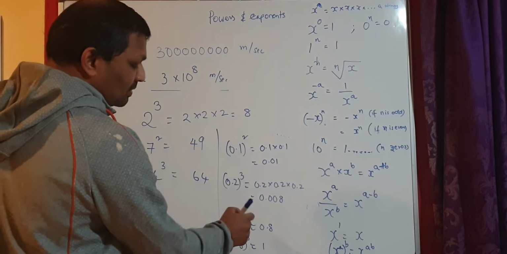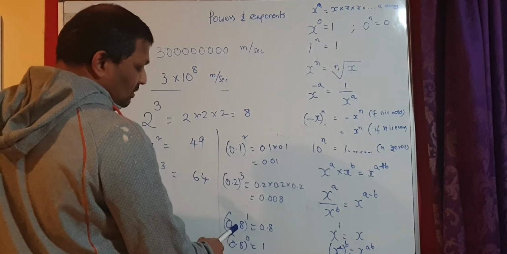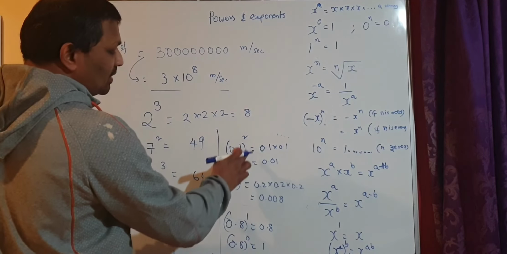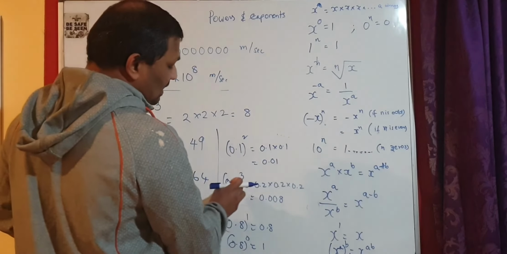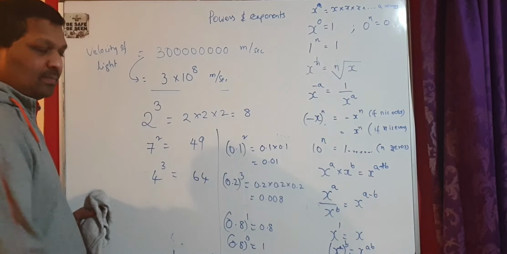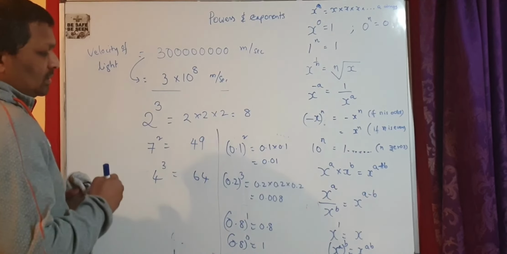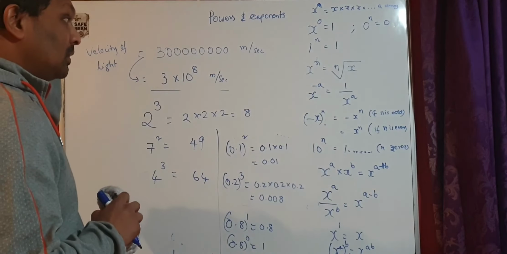That is why the power should be more than 1. If the power is more than 1, you get an answer that is far less than the original base. These are different techniques that you have to remember, how the value varies.